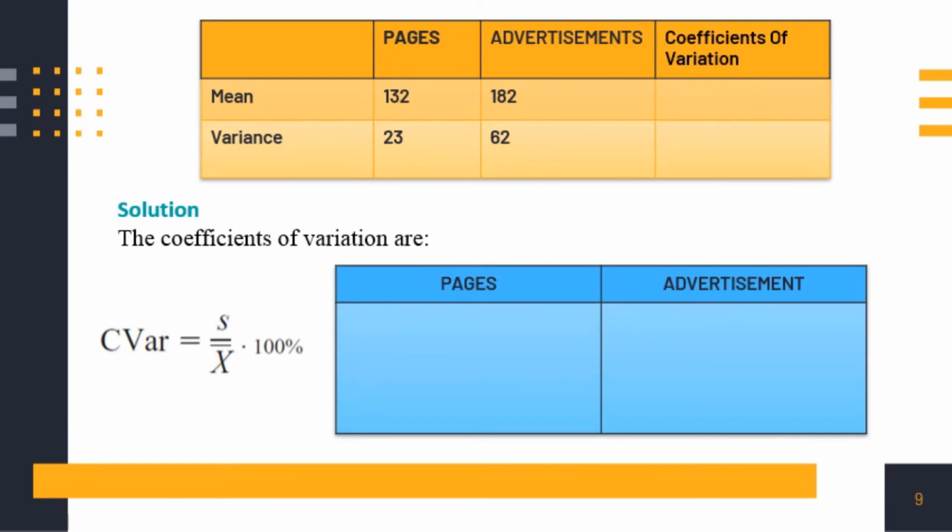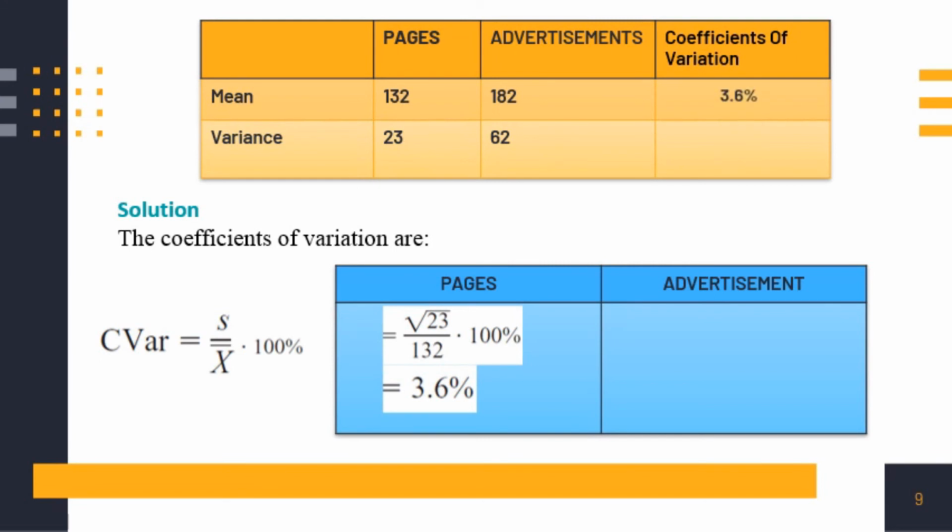First, in pages. The given is variance, so we need to take the square root of 23, which is equal to the square root of 23 divided by 132 multiplied by 100%, which is equal to 3.6%.